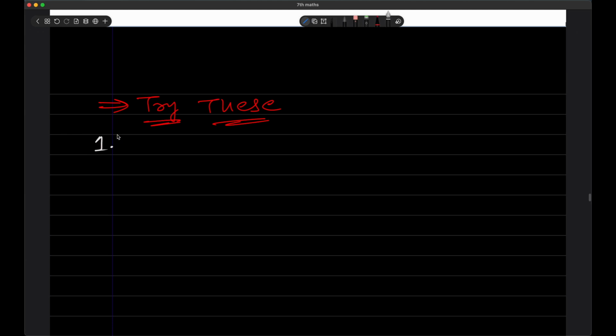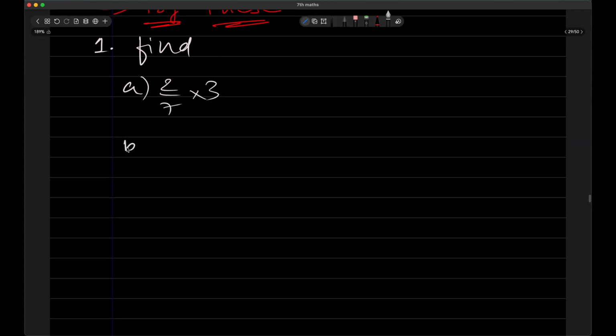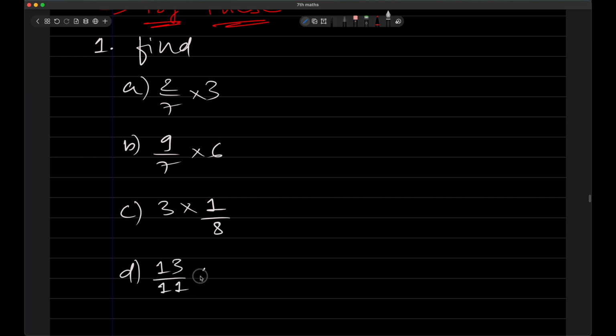We have to find first 2 by 7 into 3, then 9 by 7 into 6, third 3 into 1 divided by 8, and fourth 13 by 11 into 6.